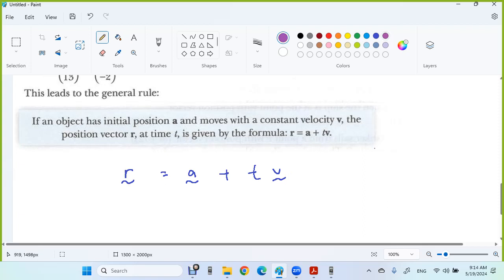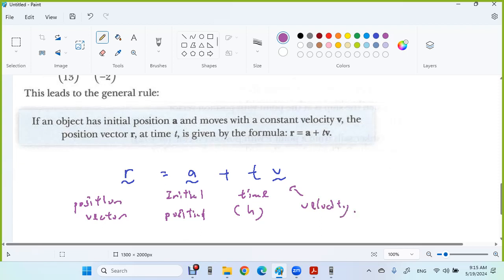Here, r is the position vector, the position at time t. a is the initial position. t is the time in hours, and v is the velocity. So this is the formula for the position vector.